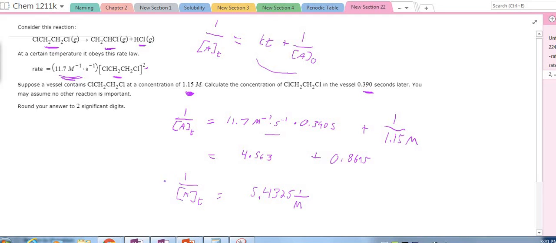So what I can do is invert both of those, and so I can write that the concentration of A at a given time point, and this time point we know is 0.390 seconds, is going to equal 1 over 5.4325 molar.